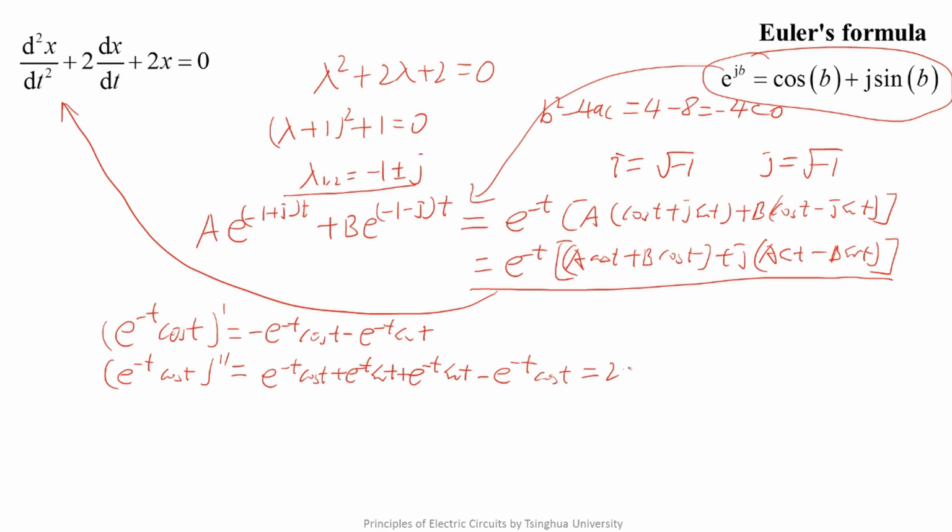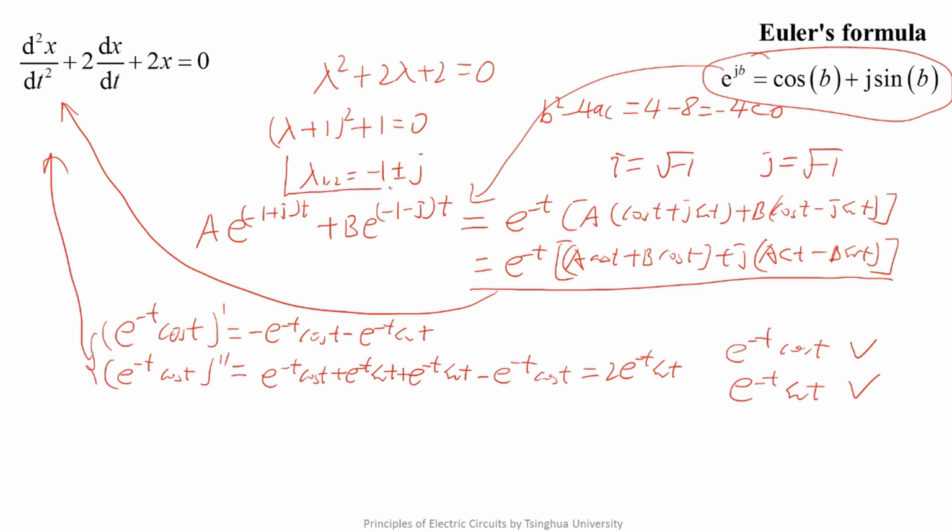So it's equal to 2 times e to the power of minus t times sine t. Substitute the two results into the equation. We know that e to the power of minus t cosine t is a solution of the equation. Similarly, e to the power of minus t times sine t is also a solution of the equation.